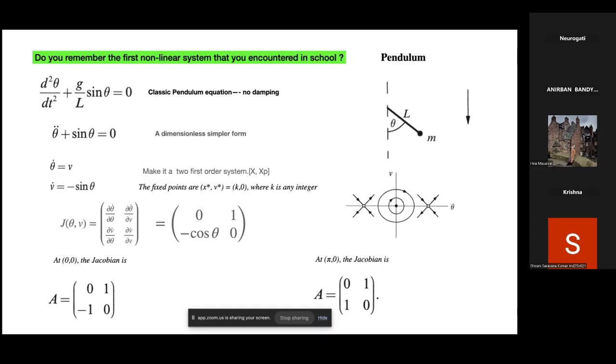If we just remove those g and L terms, which are the gravity and the length of the pendulum, we'll get a very simple dimensionless system. That's the double differential equation theta double dot plus sine theta is equal to 0.